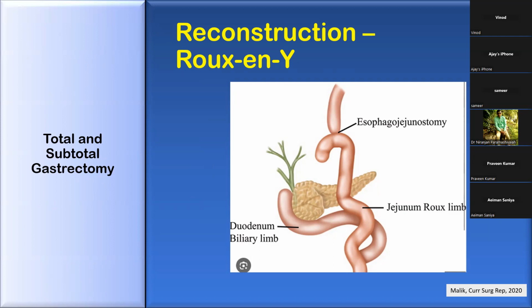The two crucial distances that you have to have in mind are these. How far away from the ligament of Treitz, the duodenojejunal junction, would you cut the jejunum? Any thoughts on that, Praveen?